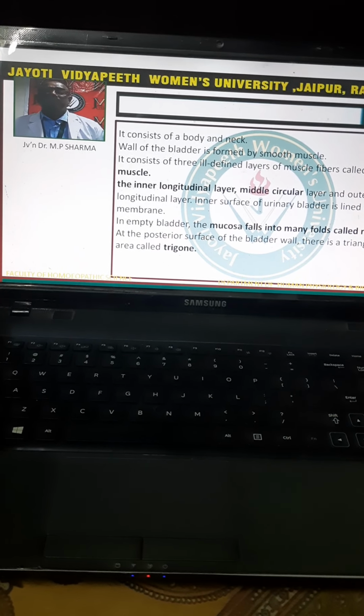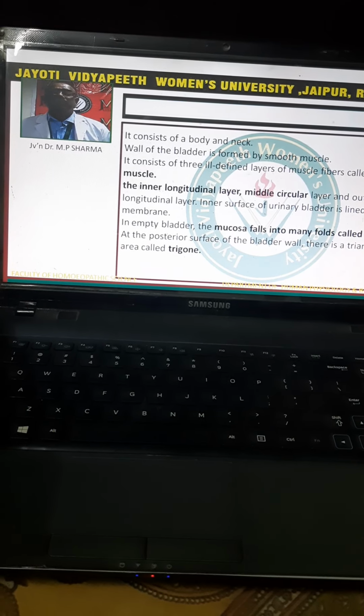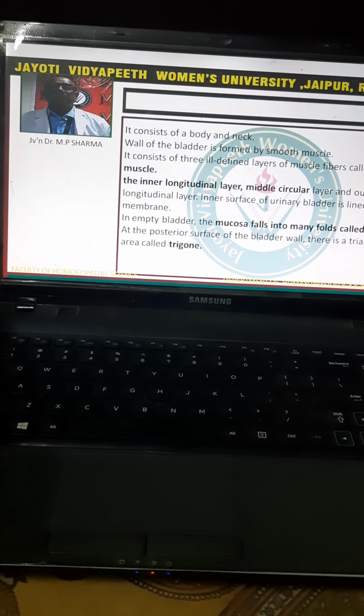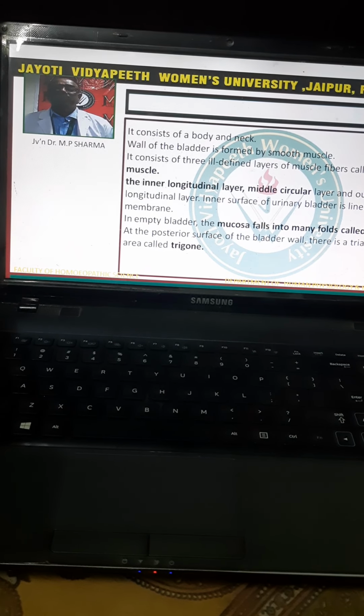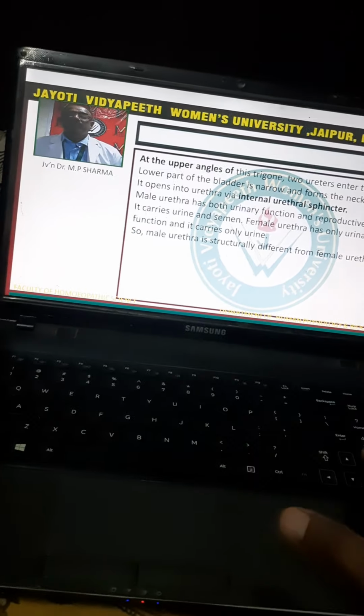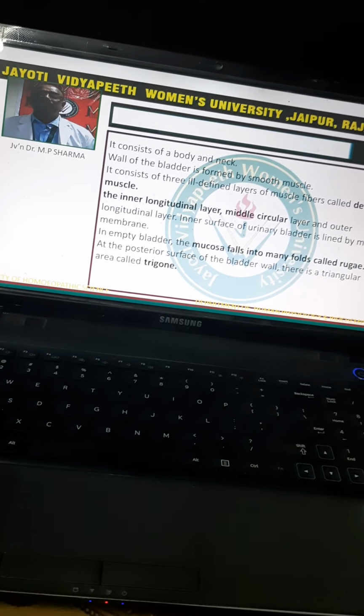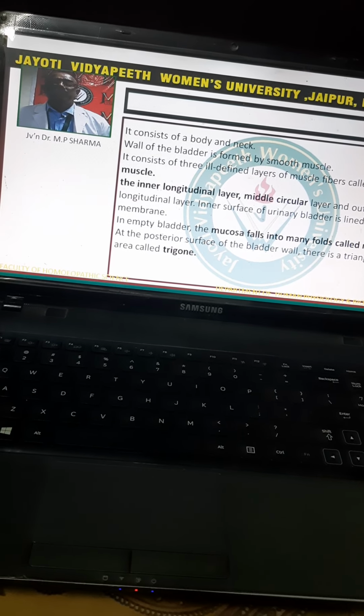It consists of three defined layers of muscle fibers called the detrusor muscle: the inner longitudinal layer, middle circular layer, and outer longitudinal layer.